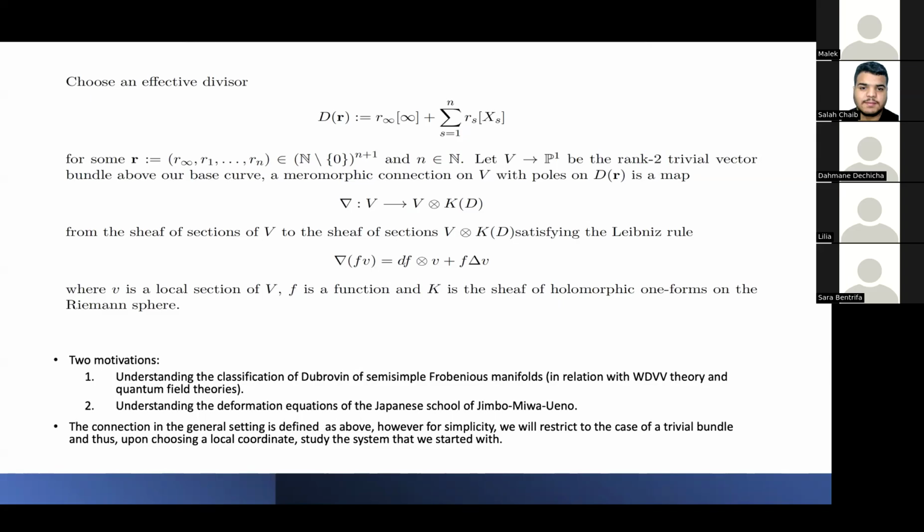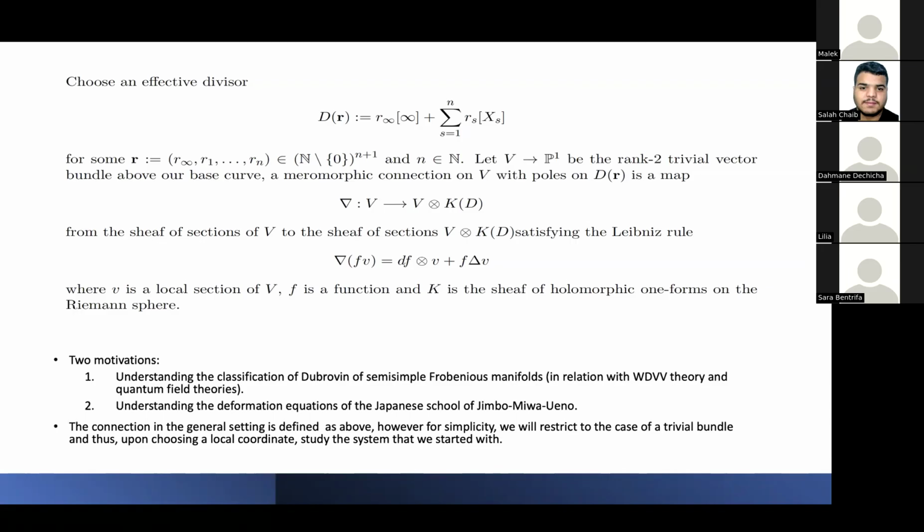Upon choosing a trivialization, and considering solutions of the system, this will just be the system that I considered first. So I'm always restricting myself here to the trivial vector bundle. This definition is a general definition that goes on any vector bundle, on any principal bundle even.